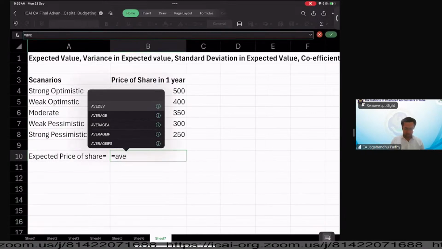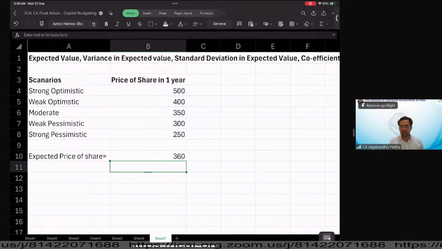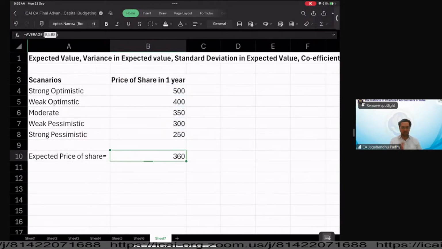So let me take the simple average, the arithmetic average of the numbers. That is 360. And so we expect the share price to be around 360.